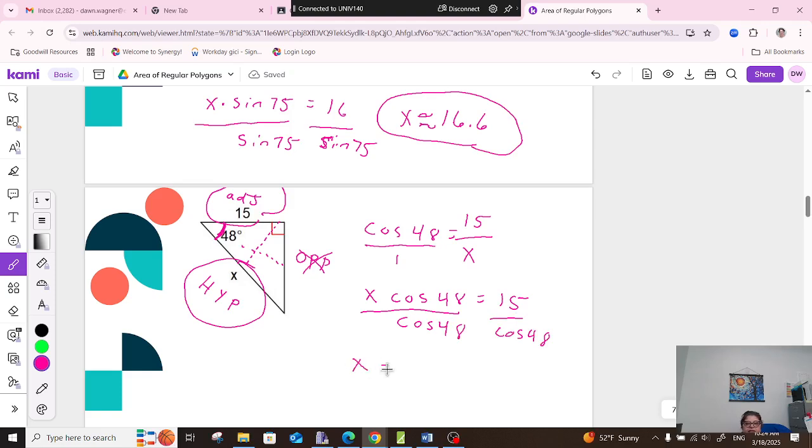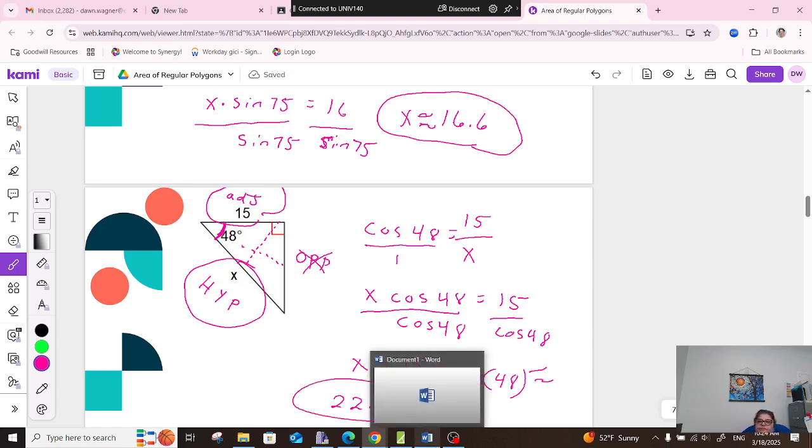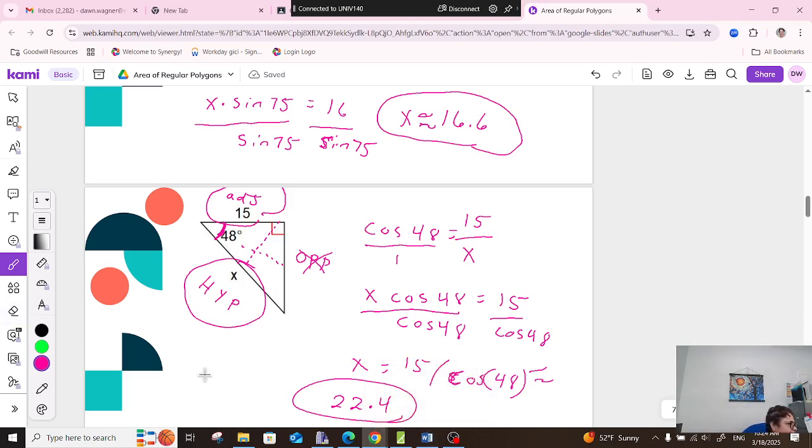So x is equal to what? 15 divided by cosine 48. So what is it? 22. Okay. Did we get rid of those fuzzies? Does it make sense?